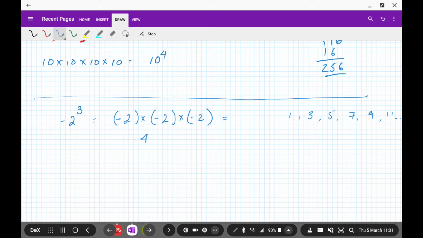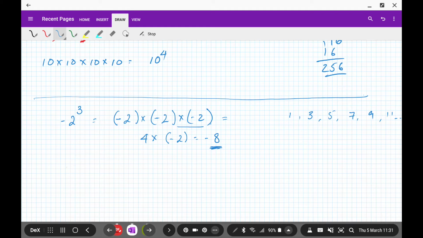We don't have to write plus, but it's plus 4. And then multiply this by the other number, which is -2. And so the answer will become -8. Is that right? Simple. The answer is -8.